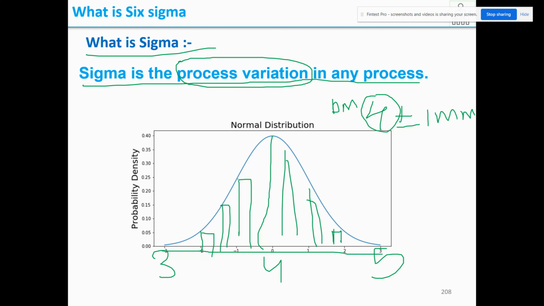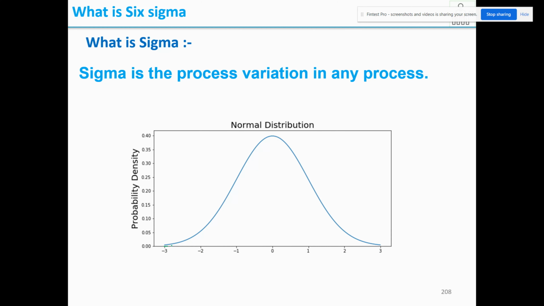What these bars indicate is the number of times this particular data is repeated. Say it is 3.5, for example. 3.5 has come this many times, the frequency. So when you plot all the bars and connect each endpoint from the left side to the right side, you form a shape called the bell curve. And if the shape is like this, we call it a normal distribution.